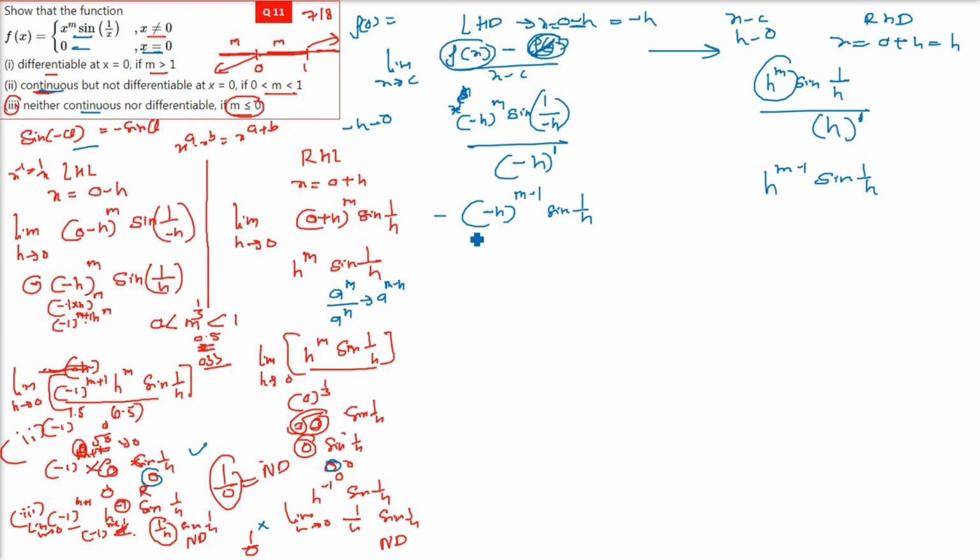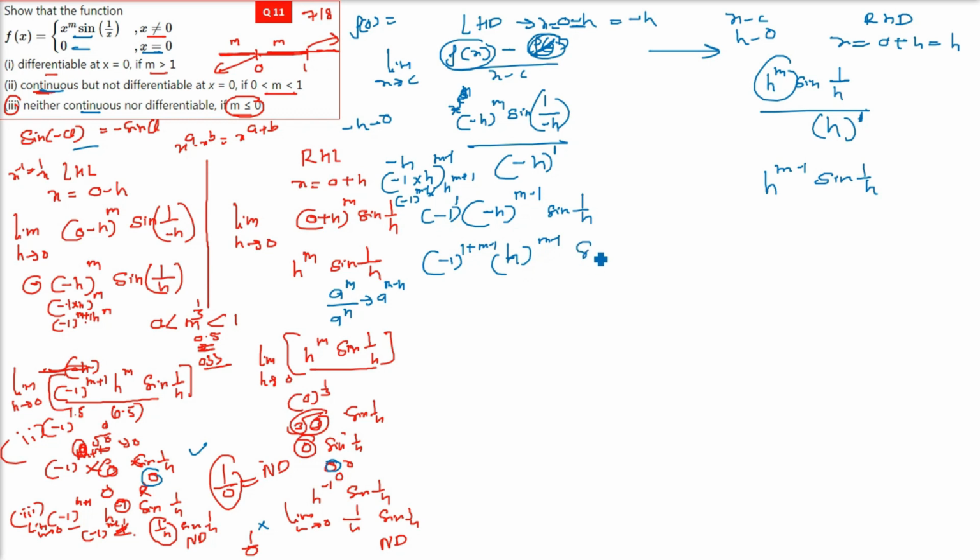If we make them equal, we just have to prove it once. So minus h can be written as minus 1 into h. So it is raised to the power m minus 1. So minus 1 to the power m minus 1 into h raised to the power m minus 1 you can write. So this minus 1 to the power 1 was already there. When we take minus 1 to the power m minus 1 outside, the powers will be added. So 1 plus m minus 1, this 1 gets cancelled. It is minus 1 to the power m. Now minus is vanished here. We have already taken it out.